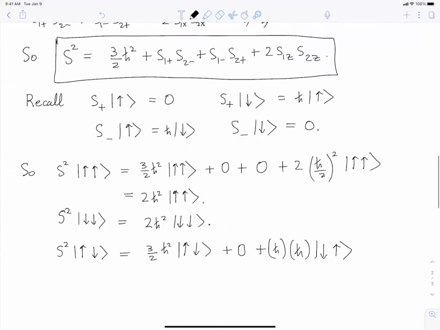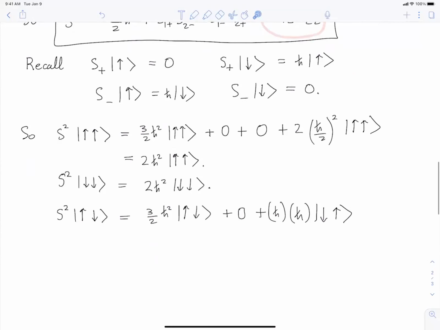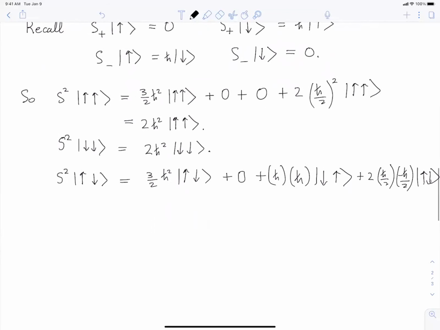And then finally, we have the last term here in S squared, which is going to give 2 times h bar over 2 for the up arrow minus h bar over 2 for the down arrow times the same state back again. Okay, and then when we add that up, this gives h bar squared up arrow down arrow plus h bar squared down arrow up arrow.